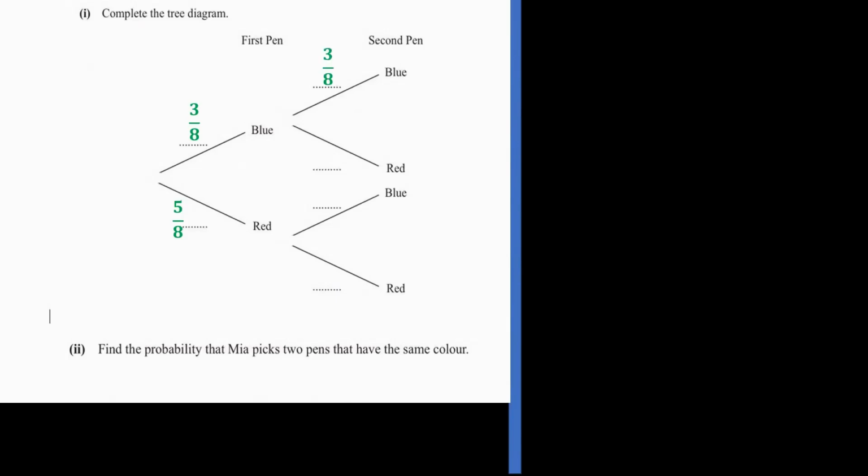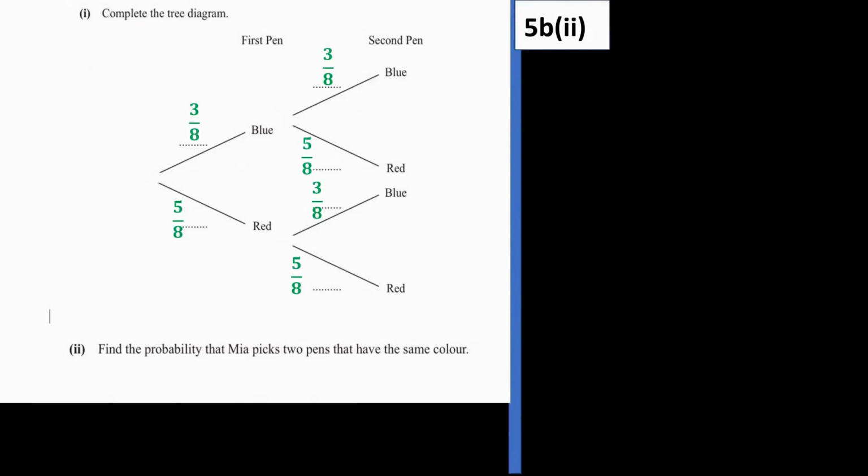So picking the second one also is going to be 3/8 for blue because it's returned back, and if it's red that comes second, it is 5/8. If the red is first and blue is second, we have 3/8 for blue, and then we have 5/8 for red. So we've been able to complete this.